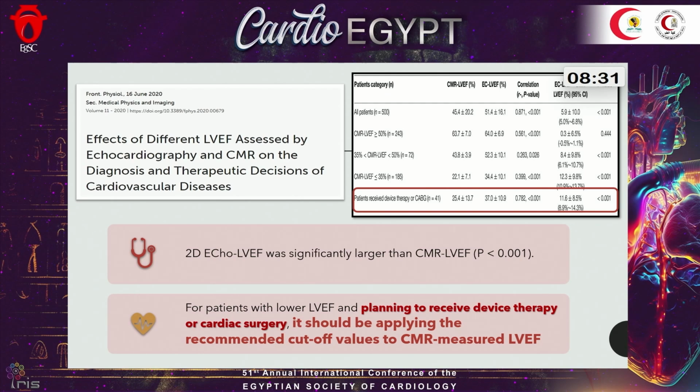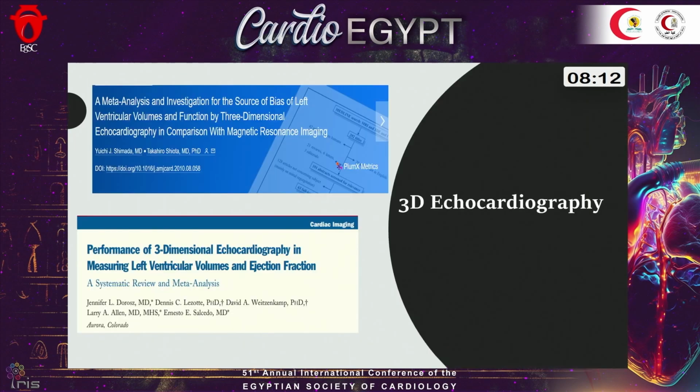In this trial, the 2D echo LV ejection fraction was significantly larger than CMR. For patients with lower ejection fraction and planned for device therapy or cardiac surgery, we should apply the recommended cutoff value using CMR measurement rather than 2D echo.